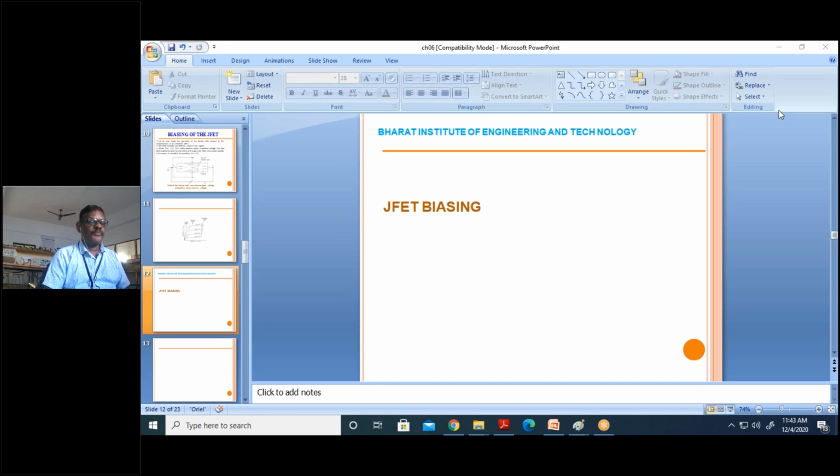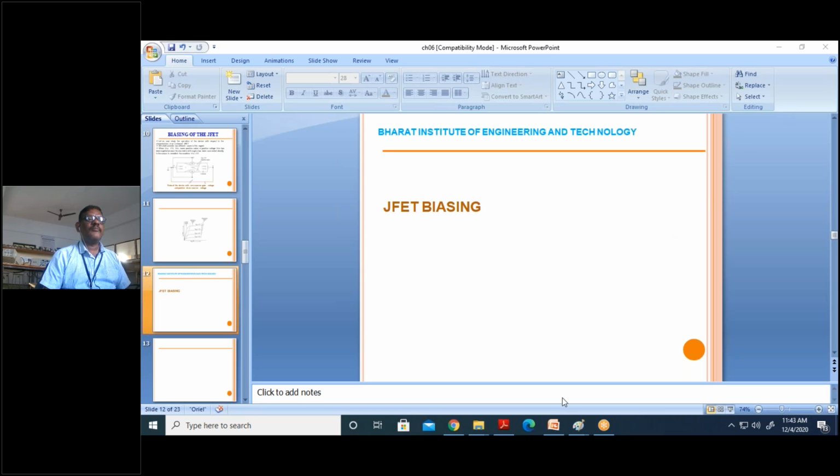Now, JFET biasing, voltage divider bias. In voltage divider bias, we are using 4 resistors, 1 supply and a JFET.